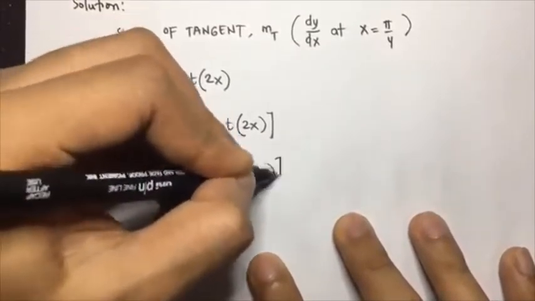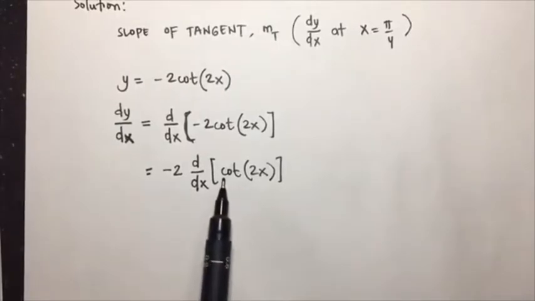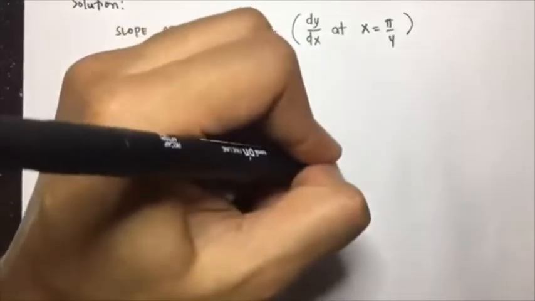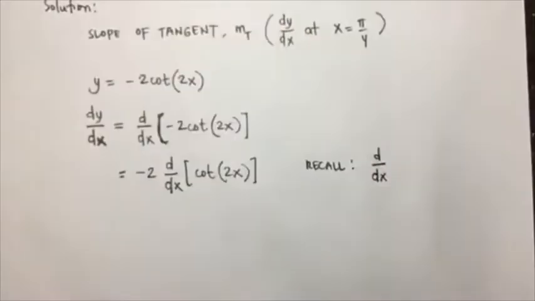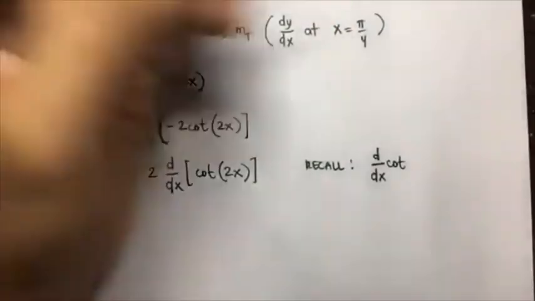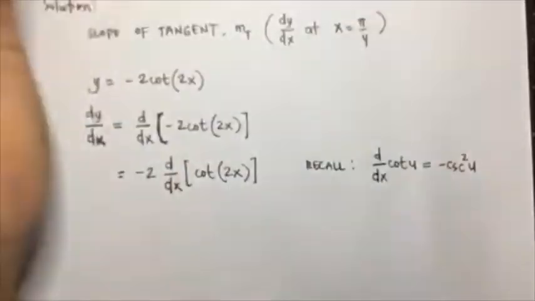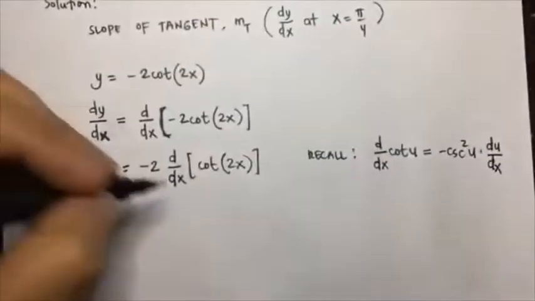Recalling the formula for the derivative of the cotangent: the derivative with respect to x of cotangent of u is equal to negative cosecant squared of u times du over dx.